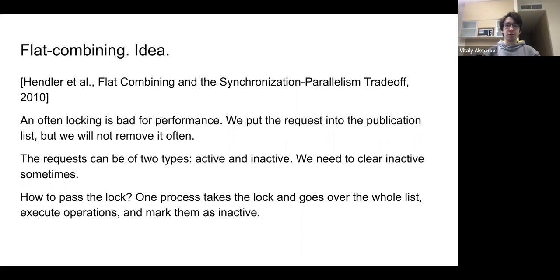Inactive means that during this iteration, the corresponding process hasn't inserted its request into the list. How to pass the lock? One process takes the lock, goes over the list and applies all the operation requests there, executes these operations and marks these nodes as inactive.